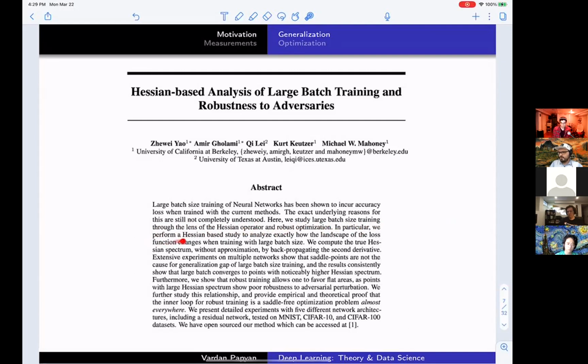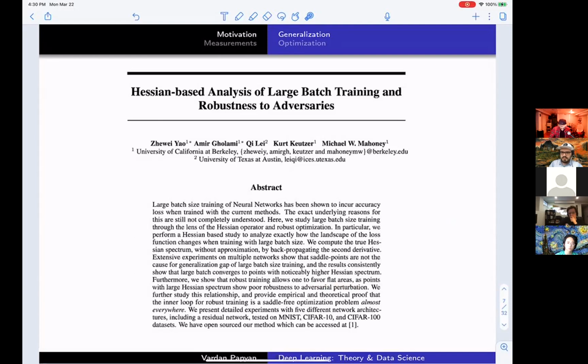In particular, we perform a Hessian-based study to analyze exactly how the landscape of the loss function changes when training with large batch size. We compute the Hessian spectrum without approximation, and extensive experiments on multiple networks show that saddle points are not the cause for the generalization gap of large batch size training, and the results show that large batch converges to points with noticeably higher Hessian spectrum. We show that robust training allows one to favor flat areas.